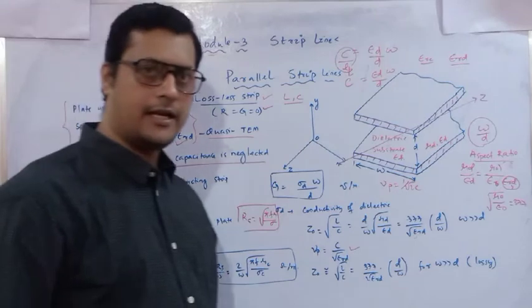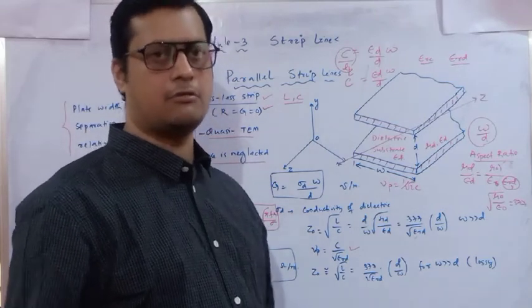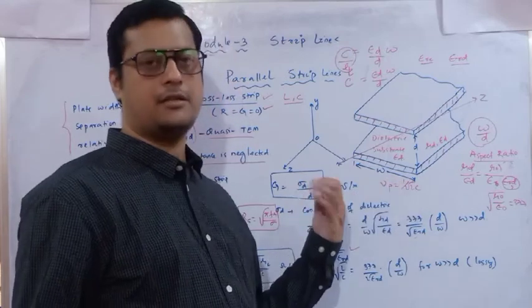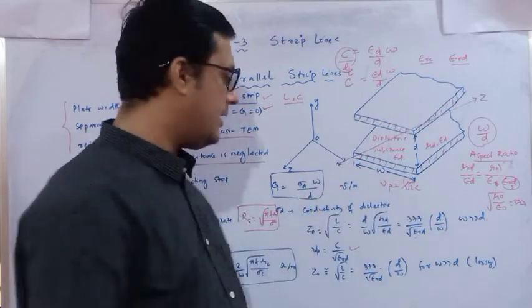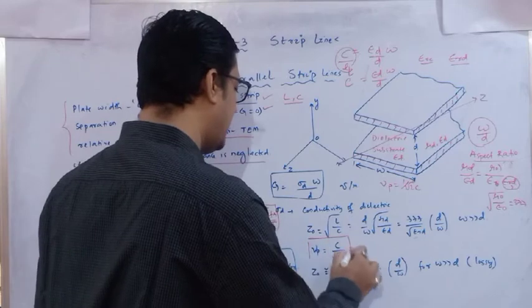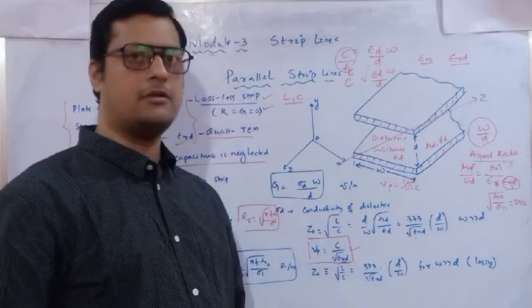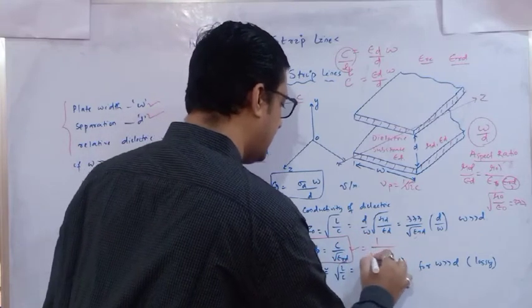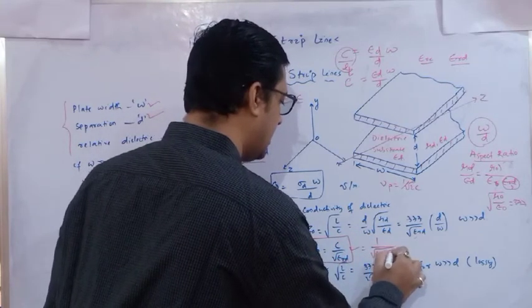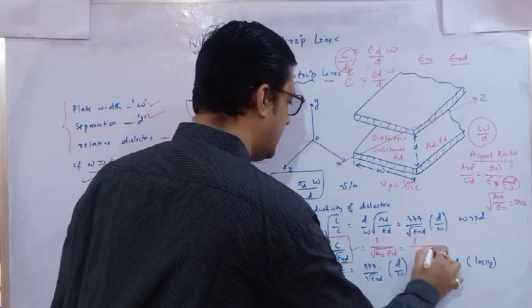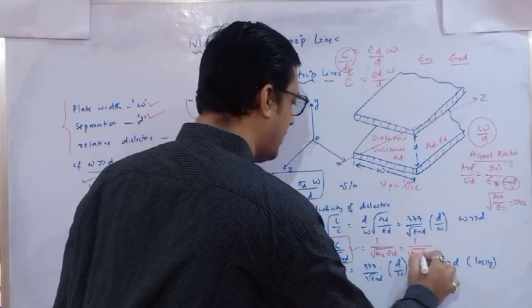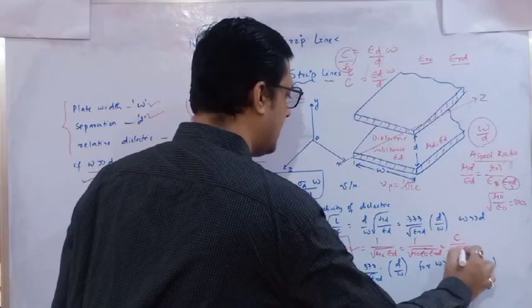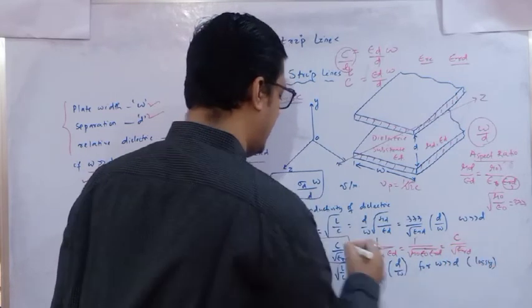In place of mu c you can substitute mu naught, and in place of epsilon d you can substitute epsilon naught into epsilon rd, so Vp is equal to c by root over of epsilon rd.